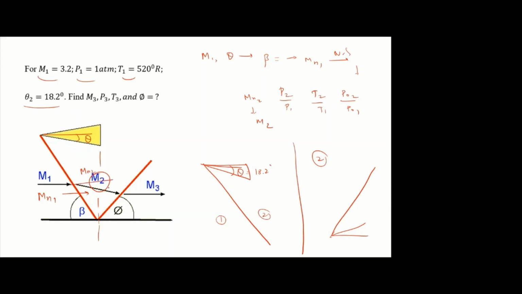What is the angle here? Theta only, same theta. So for this second oblique shock wave also, the theta is same, 18.2 degree. So from M1 you have to find Mn1, then Mn2, M2. Then how to proceed to the second reflected shock?